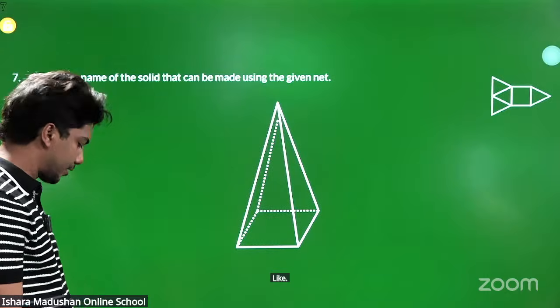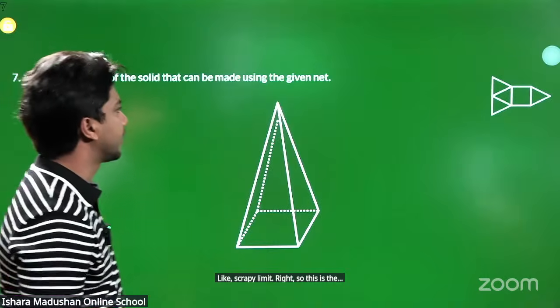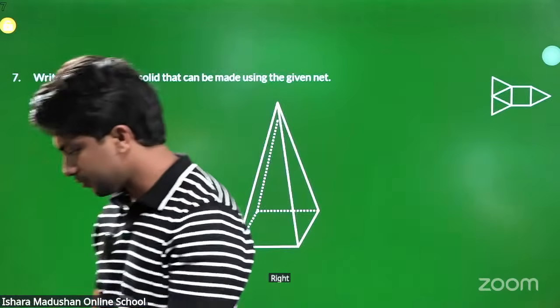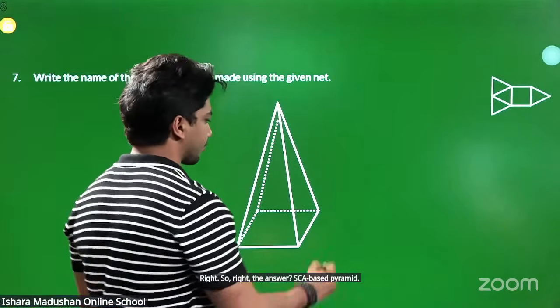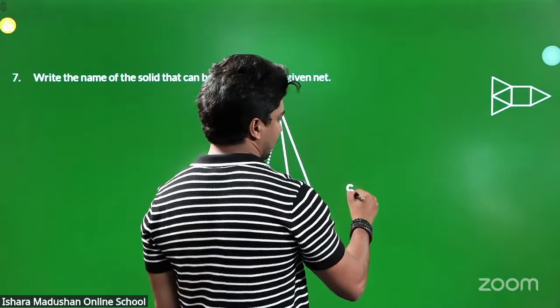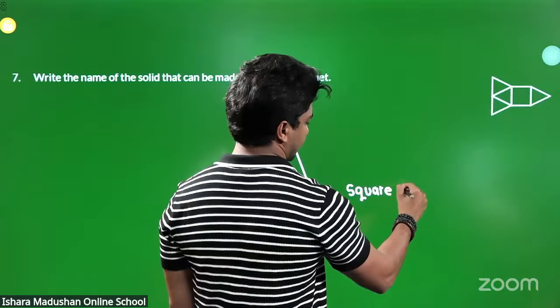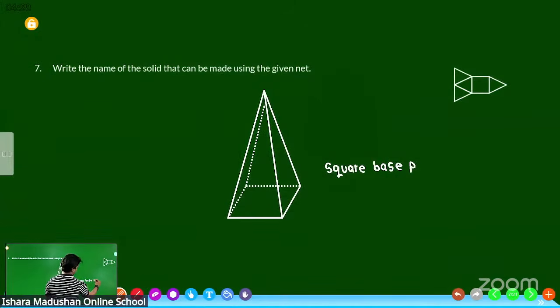So this is the solid that I can make using the given net. So write the answer: square base pyramid.